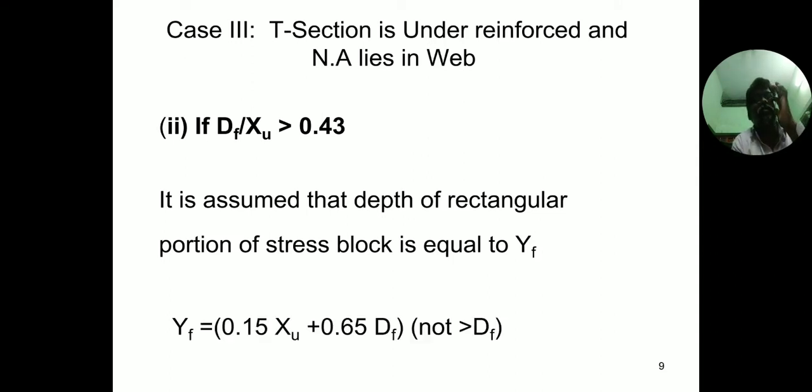Yf is equal to 0.15 xu plus 0.65 Df, but not greater than Df.